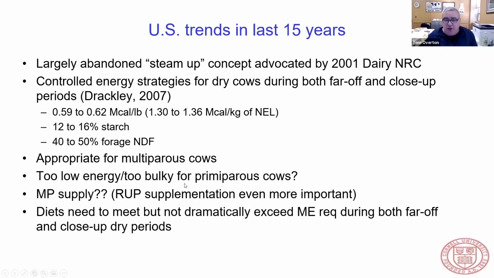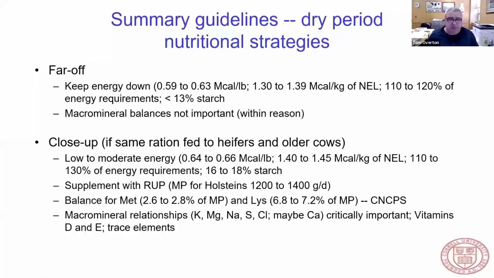I think they're too low energy, too bulky for first calf heifers. So what you're going to see from me is maybe a little higher energy recommendation than what you might see in some other places. For MP supply, we focus on bypass protein sources to meet that. Again, these are things to talk about with your nutritionist. And again, we're trying to meet but not dramatically exceed energy requirements both far off and close up.